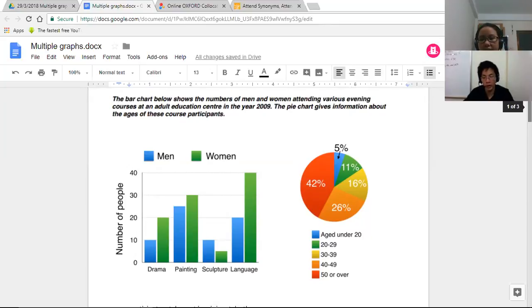So you don't need one sentence for some general idea, like the diagrams below show information about courses of an adult education center. Period. The pie chart shows something. No. I rarely see anyone using that way. Just write two sentences. Correct.